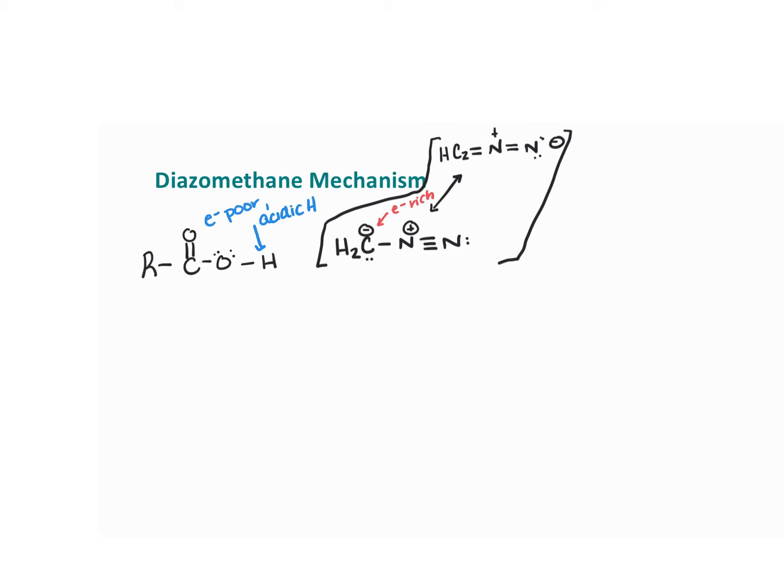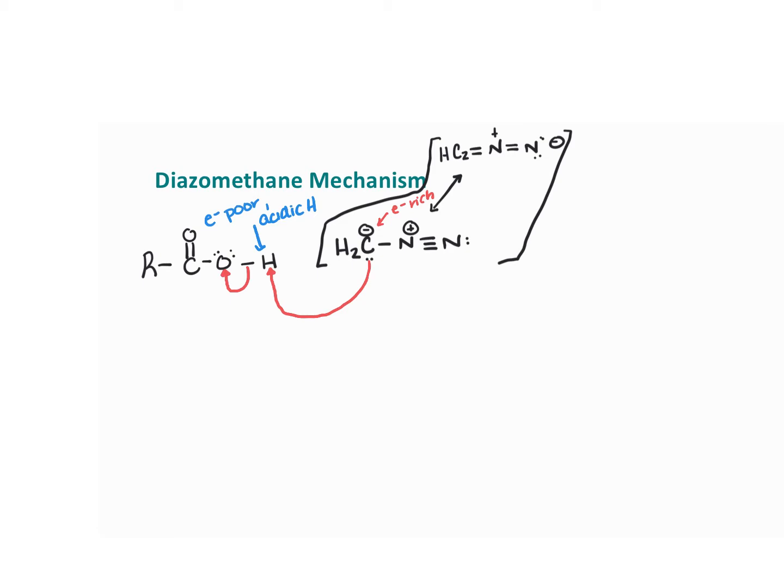We see those. And we remember from our mechanism training that the electrons flow from things that are electron rich to electron poor. There's an attraction there. So what happens is these electrons are going to come out and they're going to attack this acidic hydrogen. When they do that, the electrons that make up the oxygen-hydrogen bond are going to go back on that oxygen.